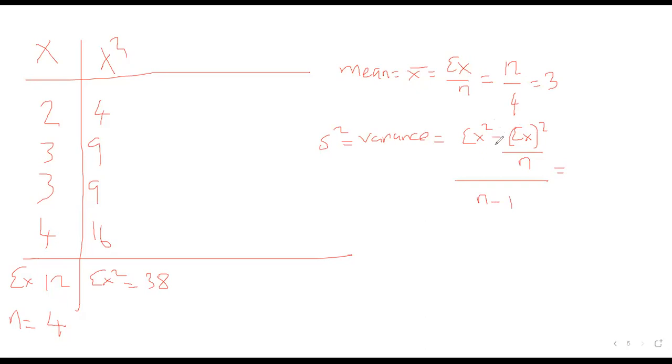So here what we have? 38. And here 12 squared over 4, everything over 4 minus 1. So here 144 over 4, what do we get? 36.